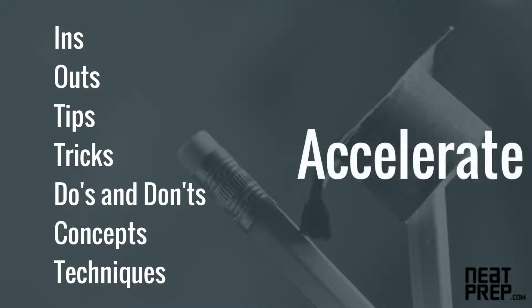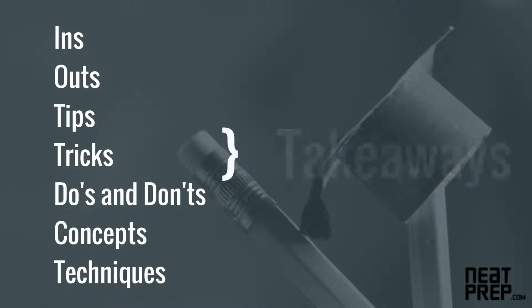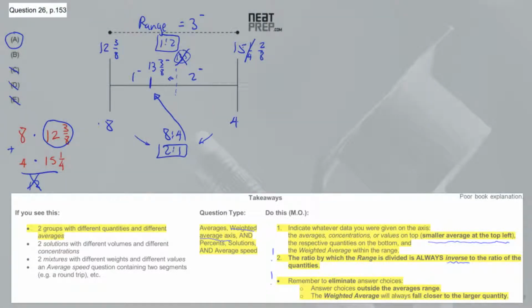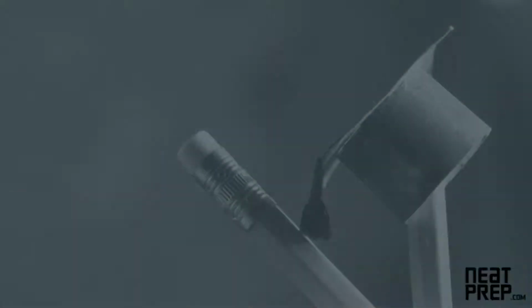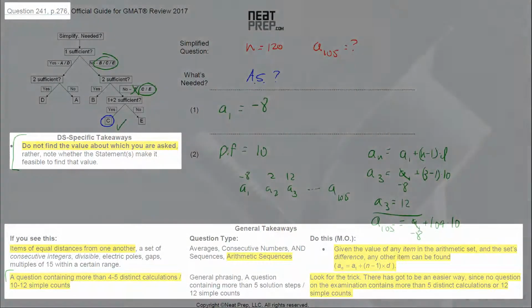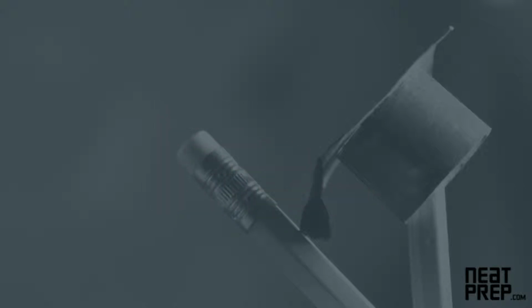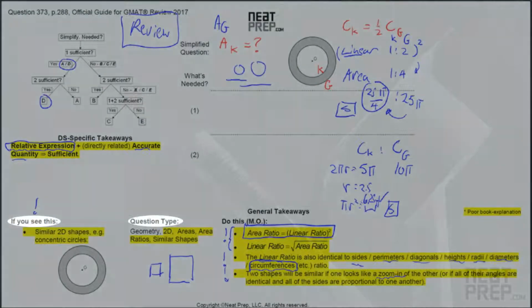I'm here to accelerate your learning process. We call these takeaways. Each question has its own unique summary with pre-highlighted text. The true strength of this course is that it will immerse you in the right data and techniques so that you will be able to rapidly identify elements which appear in other similar questions and apply the fastest real-time solution techniques.